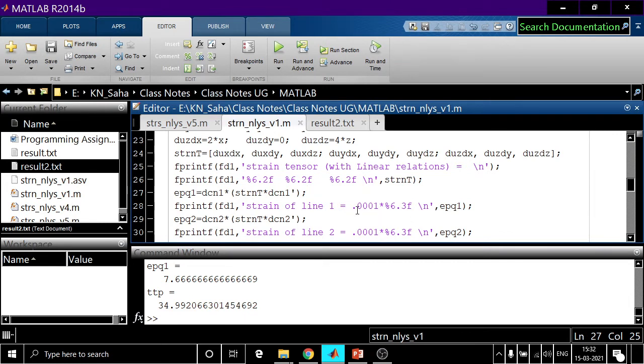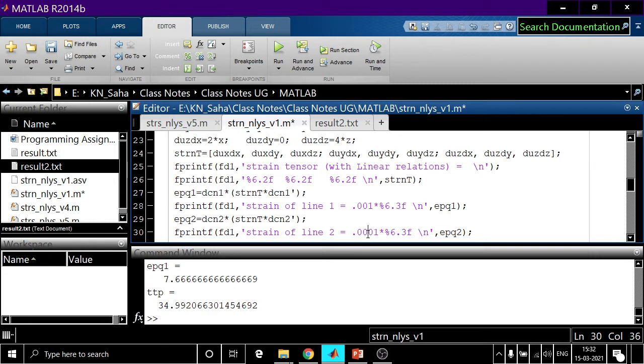Sir, this is 0.001, not 0.0001. 1 by 1000 is 0.001, so there was one extra zero. Yes, sir. But in our calculation, epsilon pq1 is our division only.